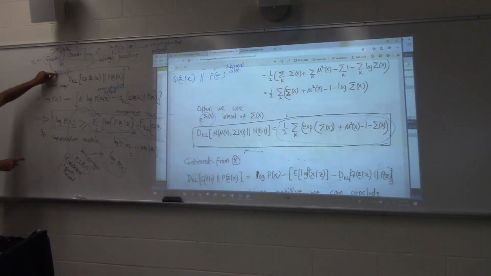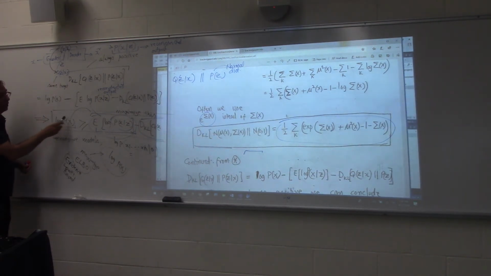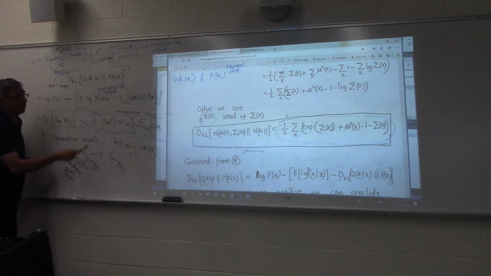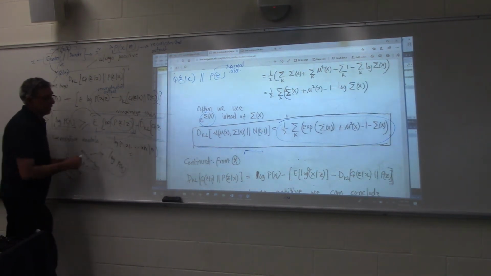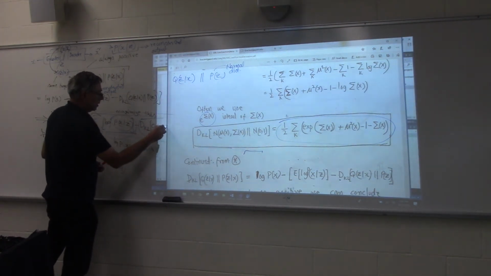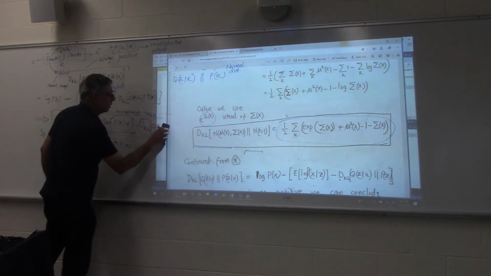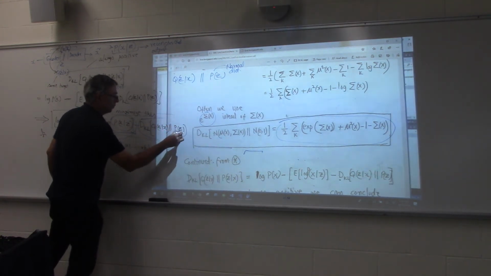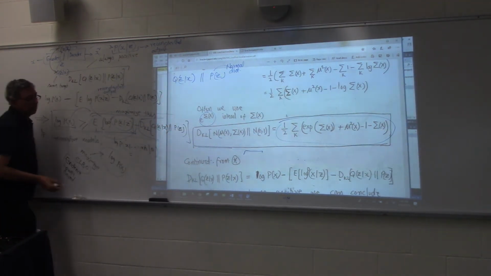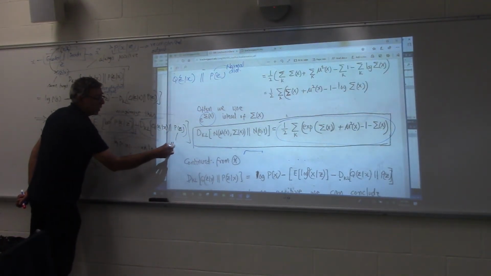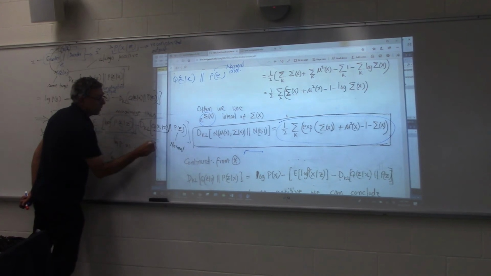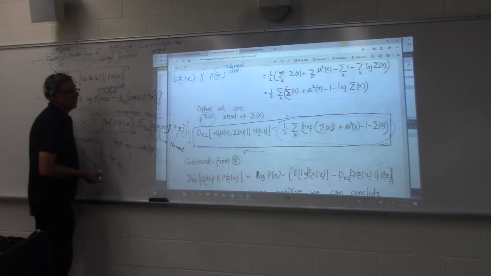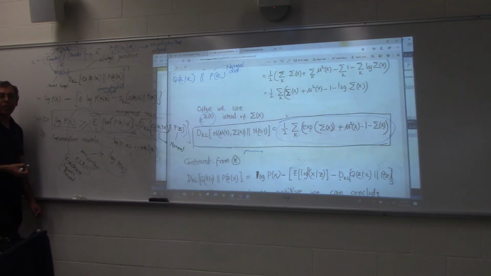The KL divergence between these two, then we applied Bayes theorem, and by manipulating the equations, this was our final conclusion: log P of X has to be greater than these two terms, the KL divergence of Q of Z given X with P of Z. As you can see, if this is normal, then whatever this distribution is, if we try to minimize this, it will make this normal.